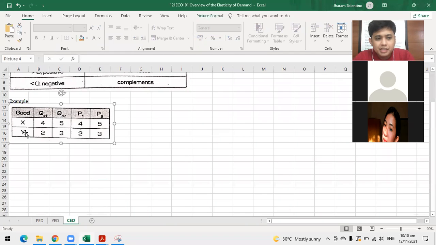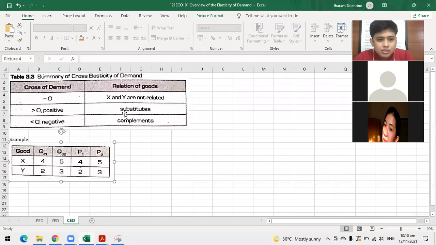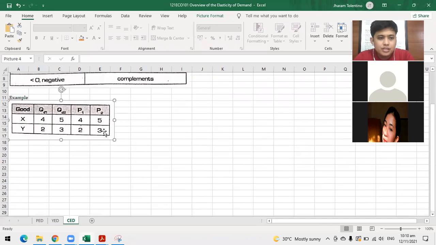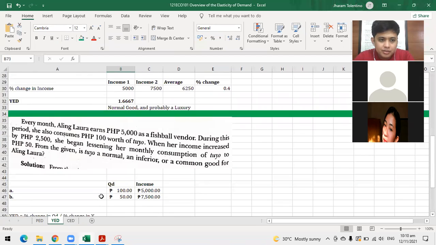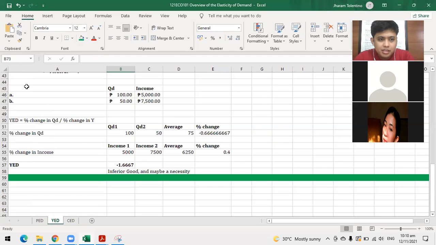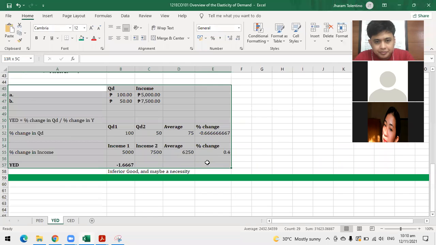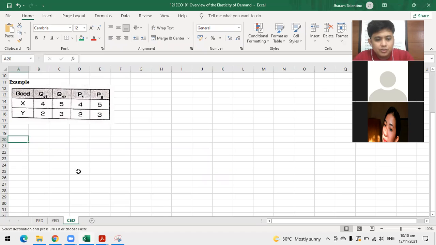So halimbawa gusto natin malaman yung relationship ng X kay Y. So ang gagamitin natin si Y. Titingnan natin kung yung product X ba ay complementary or substitutes. Actually, wala supplements dito. Substitutes. No? Or not related products. Yung dalawa. Okay? So paano natin gagawin yon? Same formula po. Same lang dito. Copy lang natin to.